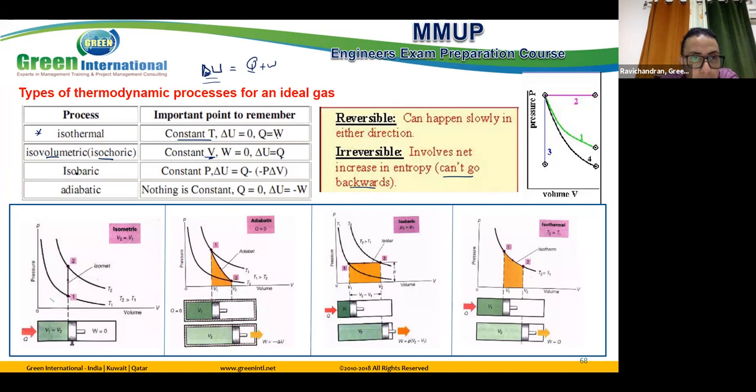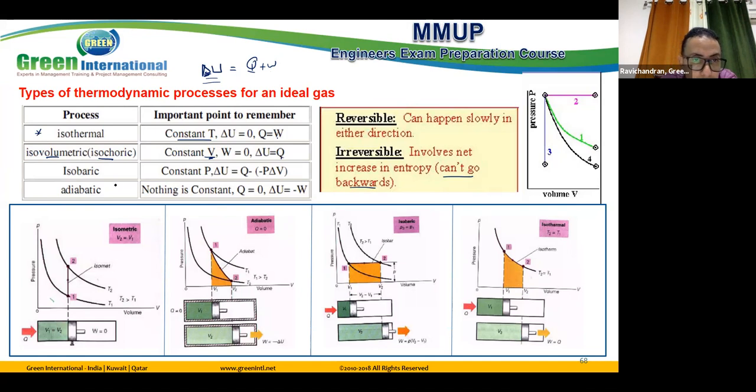Isobaric means constant pressure. At constant pressure, delta U is equal to Q minus the definition of work, which is P delta V. This is the isobaric process on the PV diagram, constant pressure. Last one, adiabatic, no heat transfer.